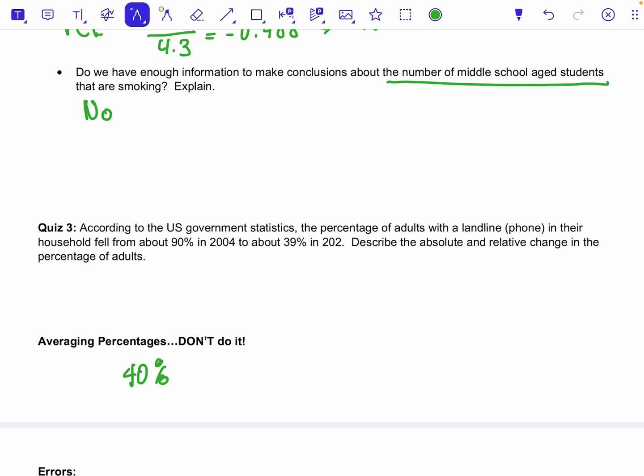But I don't actually know 40% of what, like what population am I looking at? So we don't average percents because we don't know how many that percent is out of, and that changes what the average or the percent would be depending on the total population size. So when it comes to averaging percents, just don't do it.